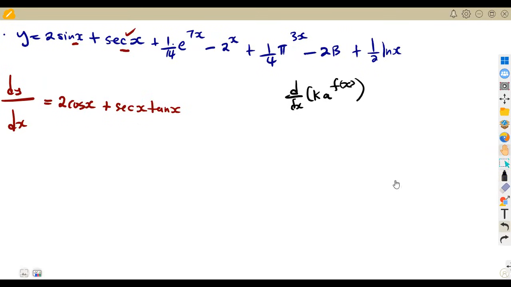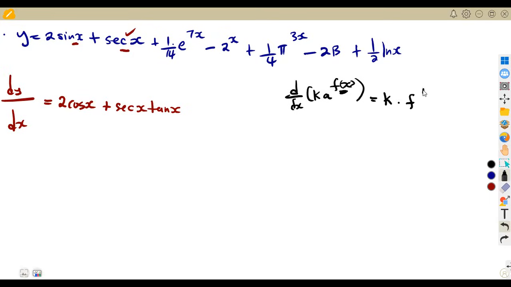How can we differentiate this? The derivative of this, I said, is the constant times the derivative of f of x first. So we need the derivative of this function.